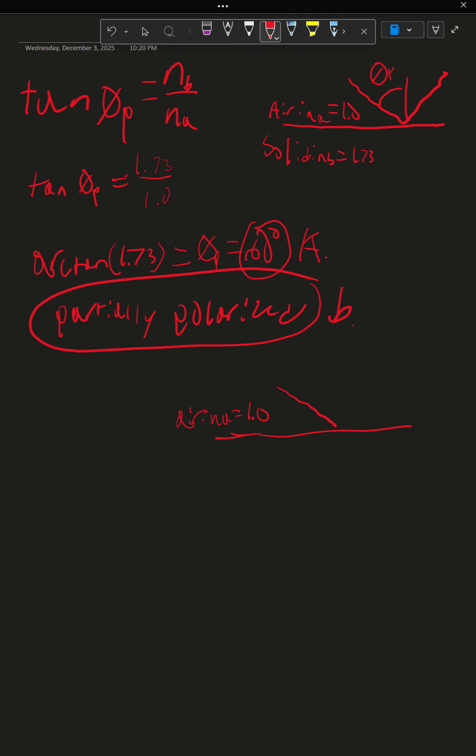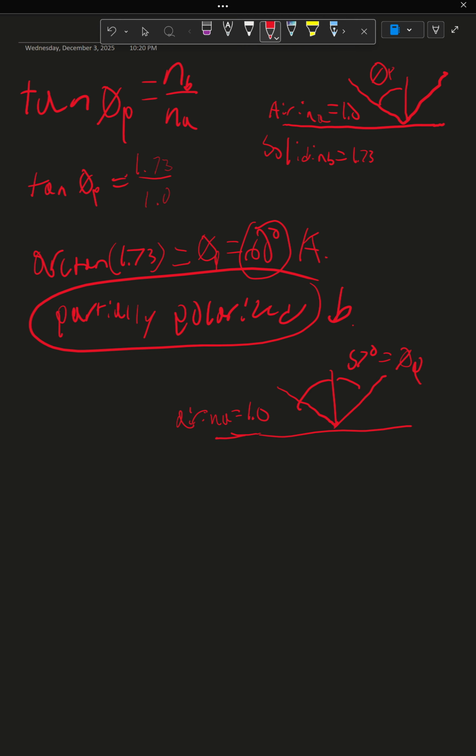If the angle of incidence is 57 degrees, so this angle is 57 degrees, which equals theta p. Then what we have to do is just use tan.